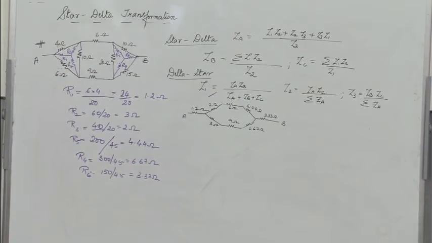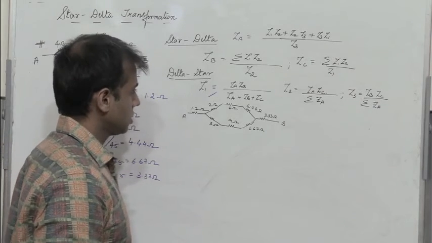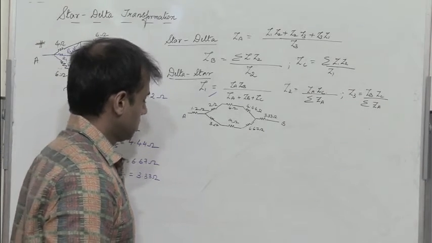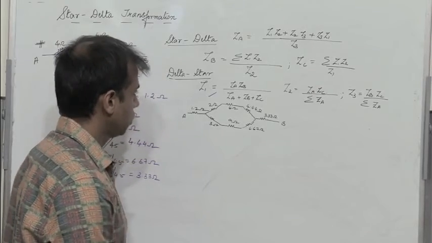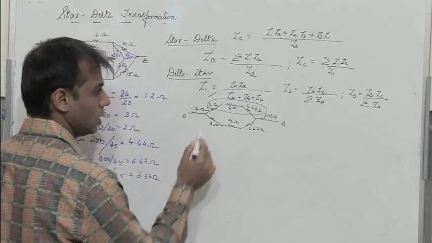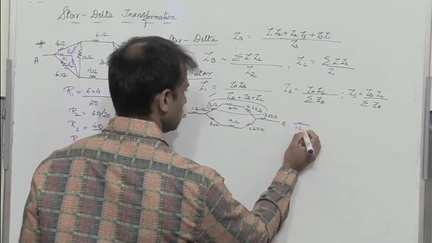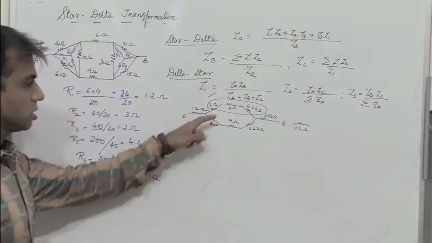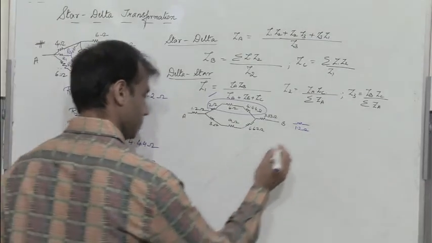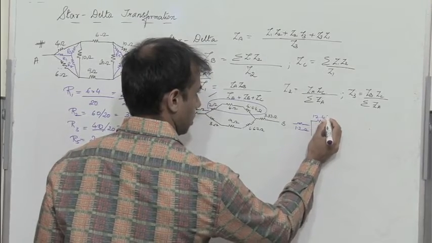Now we need to find the equivalent resistance, which is very easy. We find that these three resistors are in series: 2 plus 6 plus 4.44. I add up all of them, so that gives me 12.44 ohms.